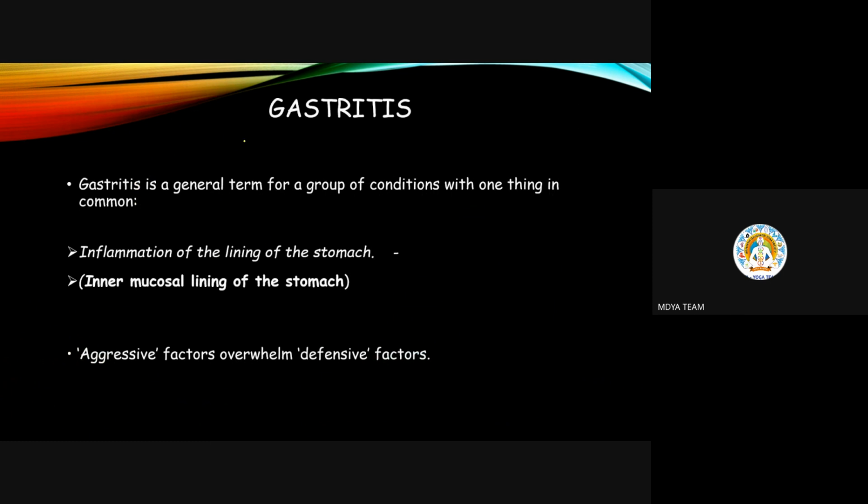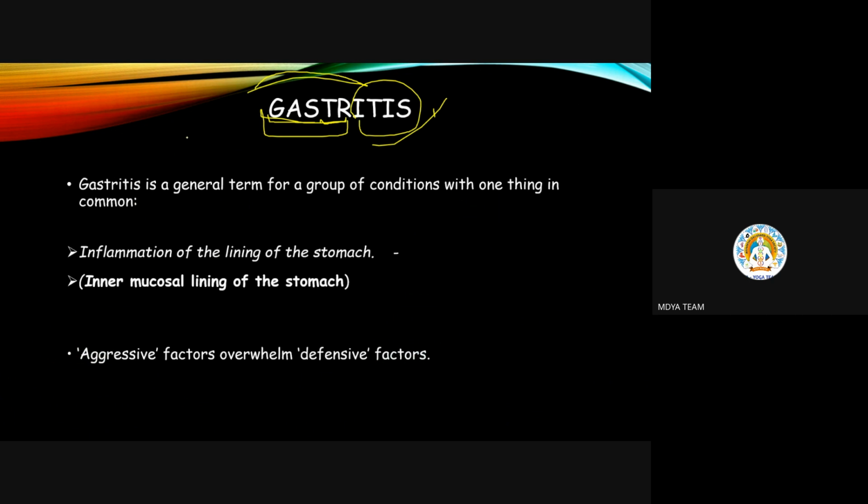So what is gastritis? Because it is a very short topic, I thought I will take your questions and answers today, but still we can study a little. Gastro, as I told you, is related to the abdominal region, and itis is for inflammation. So something related to abdominal inflammation is called gastritis.